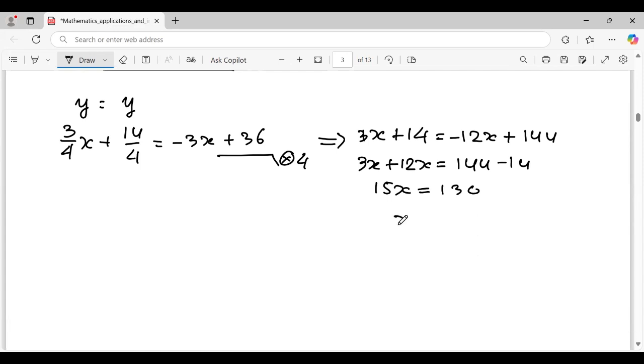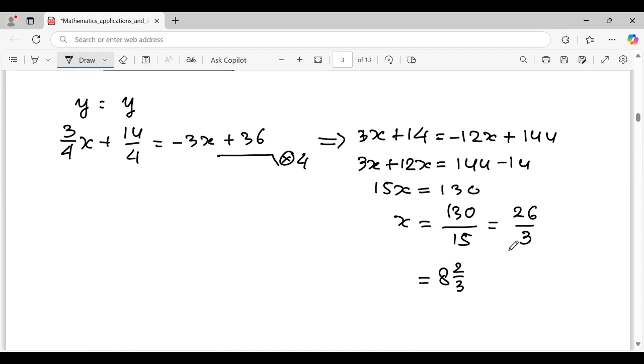Then x equals 130 over 15, which is 26 over 3, or 8 2/3.